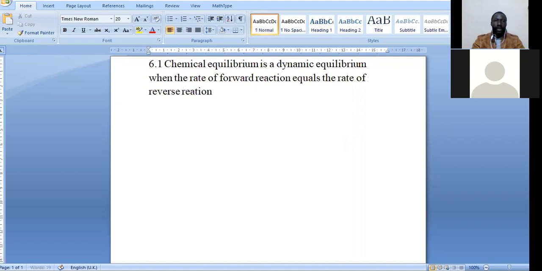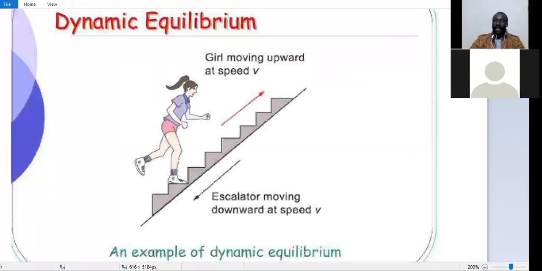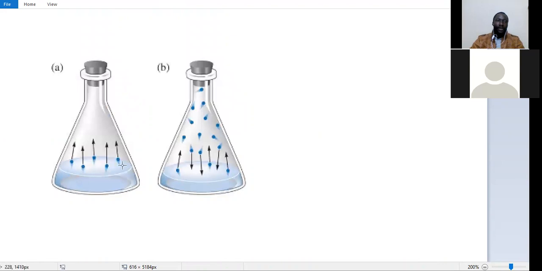So it's very much like saying, if the forward reaction is about producing something, like the way I've illustrated for you here, in this case the production of vapor, then the reverse reaction is the opposite of production of vapor, which is production of water, which we call condensation.